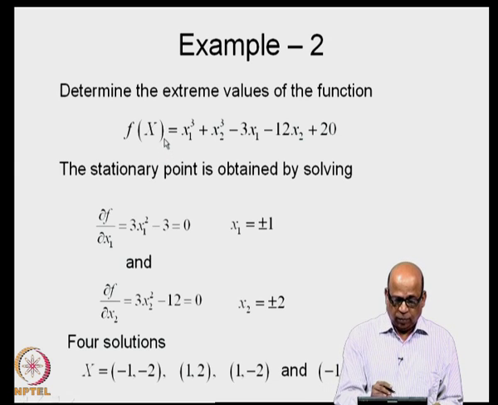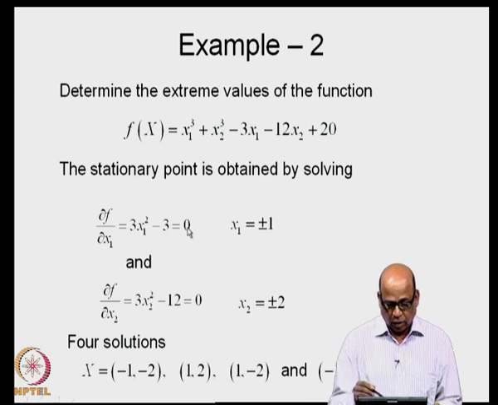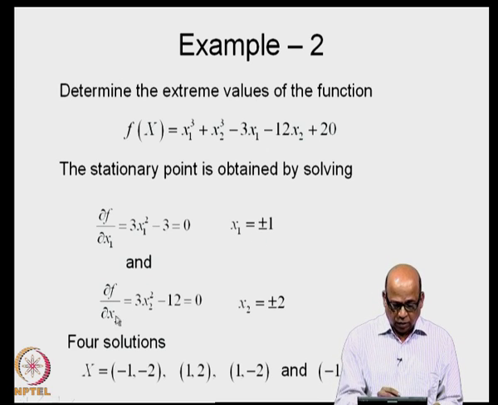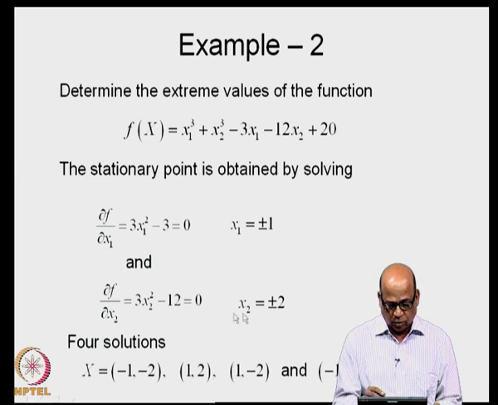We get the stationary points first by taking the first derivative with respect to each of the variables. So, df by dx1 is 3 x1 square minus 3 is equal to 0, and you get x1 is equal to plus or minus 1, and df by dx2 is equal to 3 x2 square minus 12 is equal to 0.